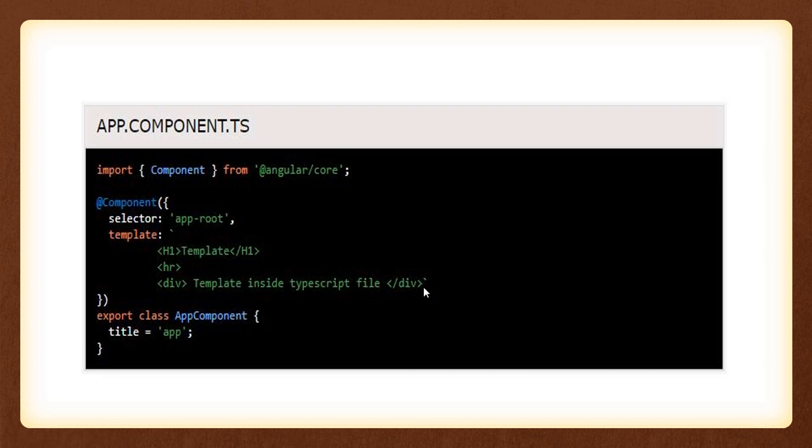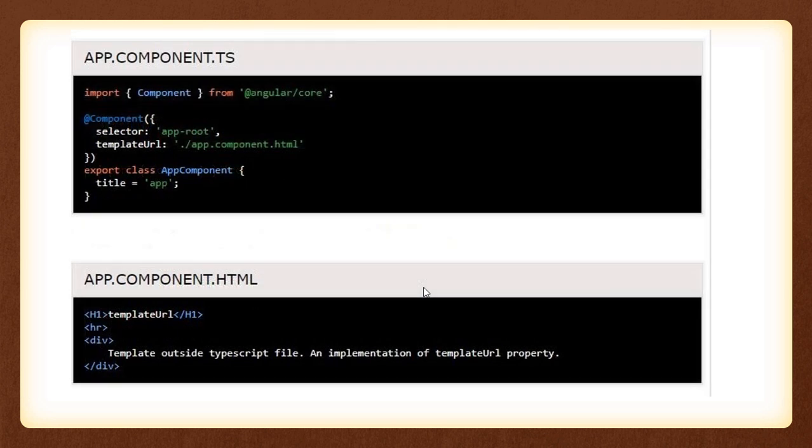This is the inline template. In the case of an external template, in the component decorator function we have an object whose property is template URL, and I am referring to the app.component.html page, shown below. This HTML page is referred to in template URL.